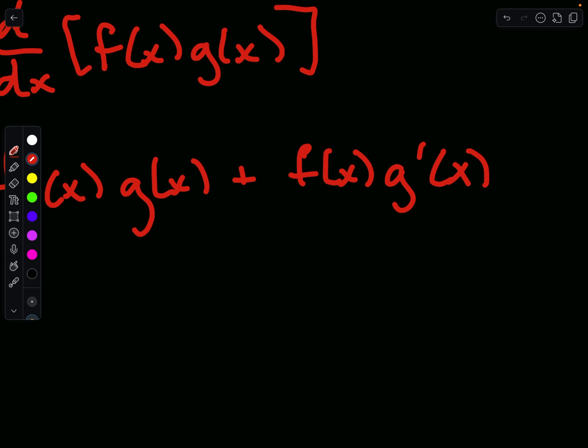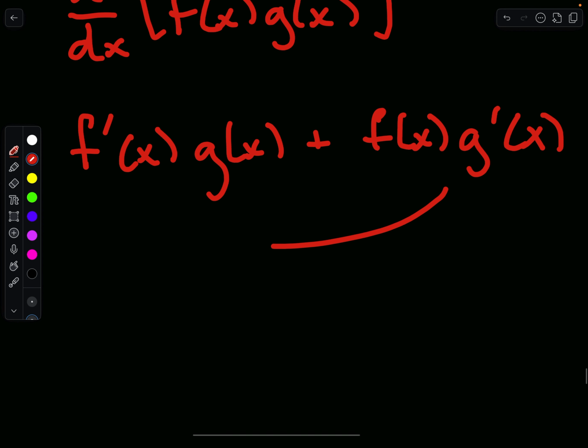So you differentiate the first and keep the second, and then you keep the first and differentiate the second, or vice versa. You could also swap these around, and you'd get the same result. The point is that you have to differentiate one at a time, never both at once. So let's look at an example.